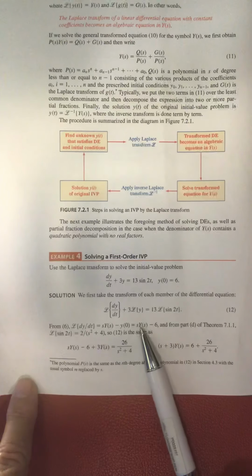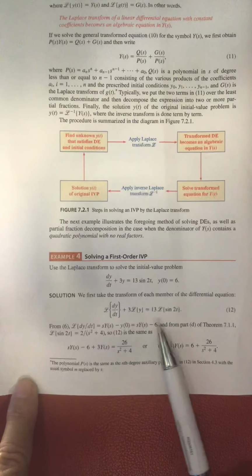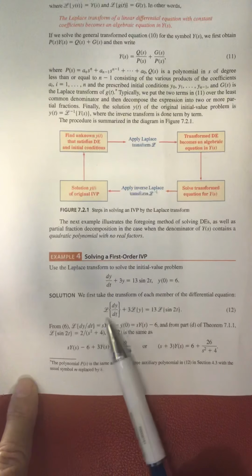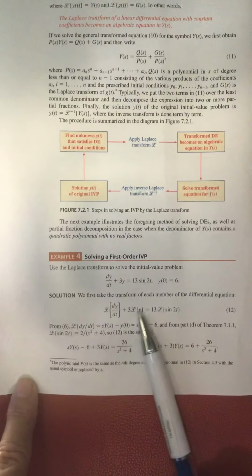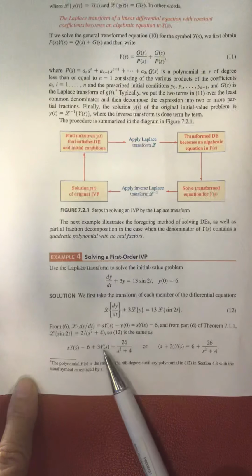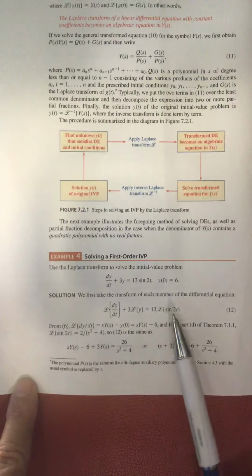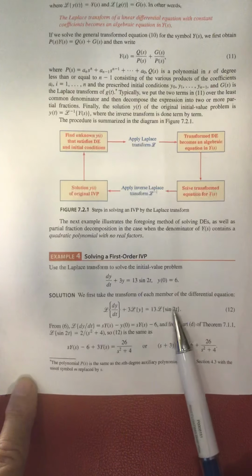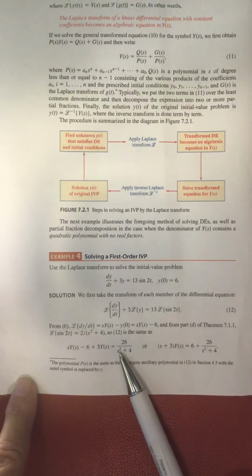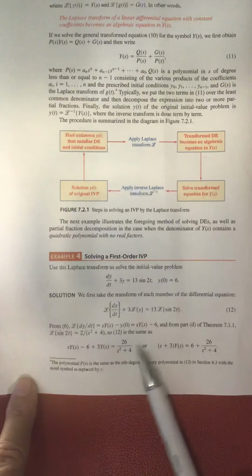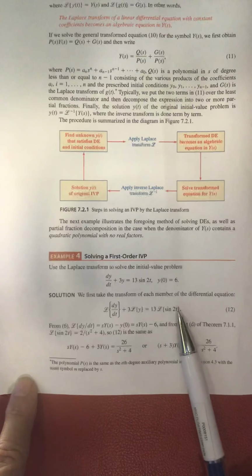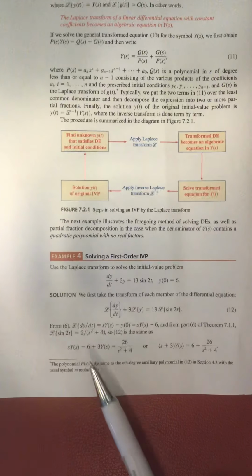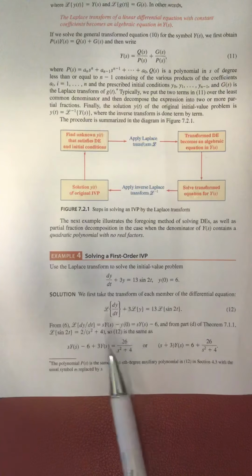So s times the function of s minus 6. So there's our first piece. 3 Laplace on y becomes 3 big Y of s. And Laplace on a sine, that's going to have the denominator of s squared plus 4, with the 2 on top, and we have a 13, so 26. So this is what we get.